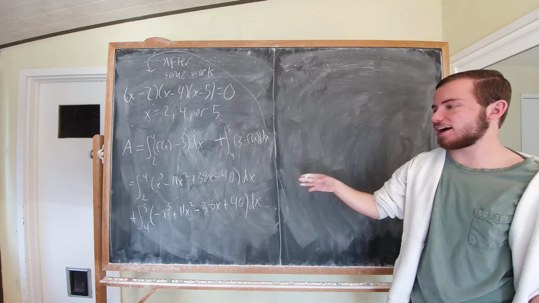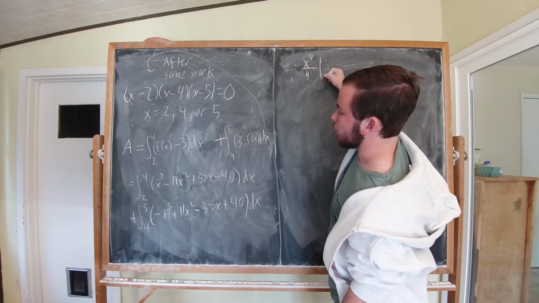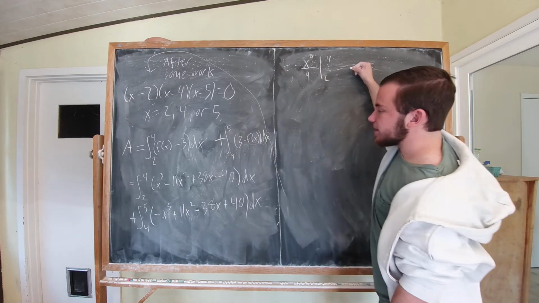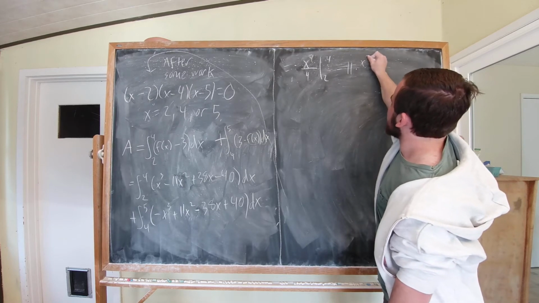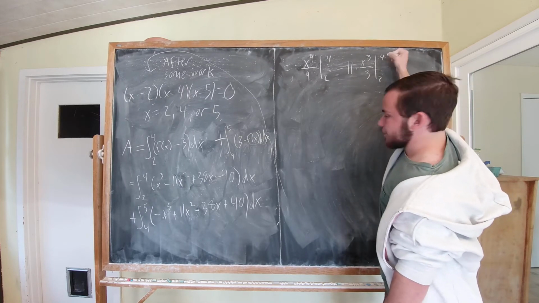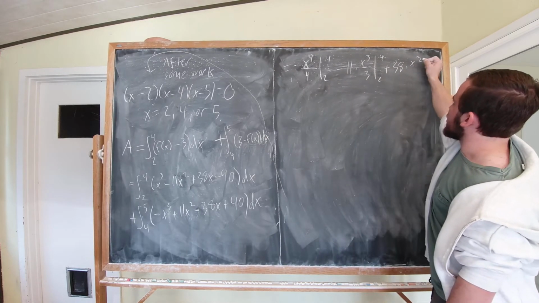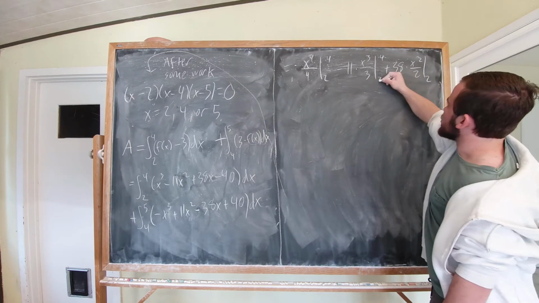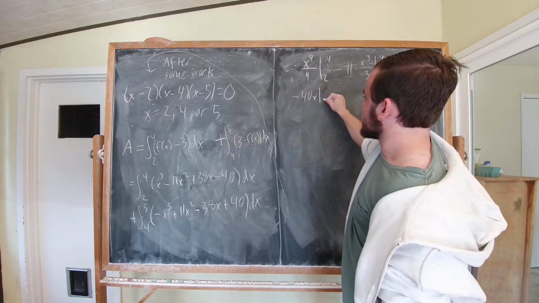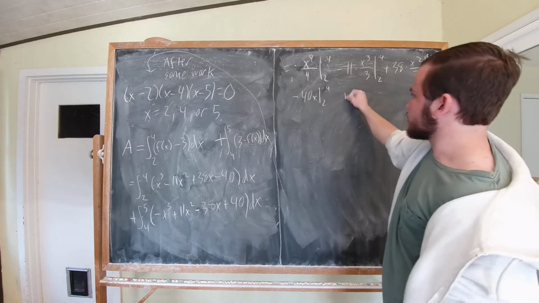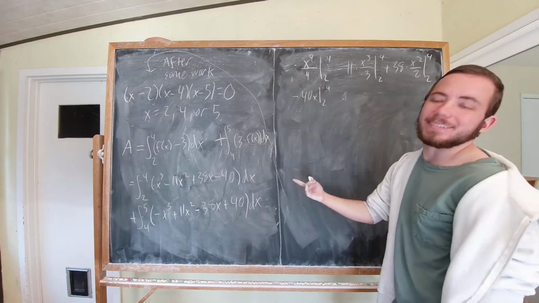When you do this, you should end up with x to the fourth over 4 from 2 to 4, minus 11 times x cubed over 3 from 2 to 4, plus 38 times x squared over 2 from 2 to 4, minus 40x going from 2 to 4, plus, well, I guess plus minus, right?